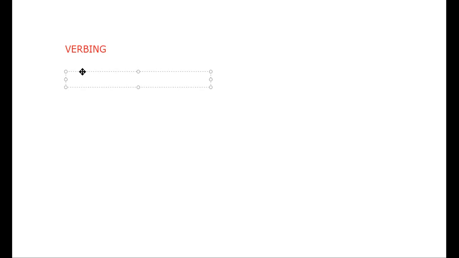What is a verb? A verb is an action. Yes, it's an action. So verbing in English refers to using exactly the same name as the verb to describe a function. I'm going to write it for you here.